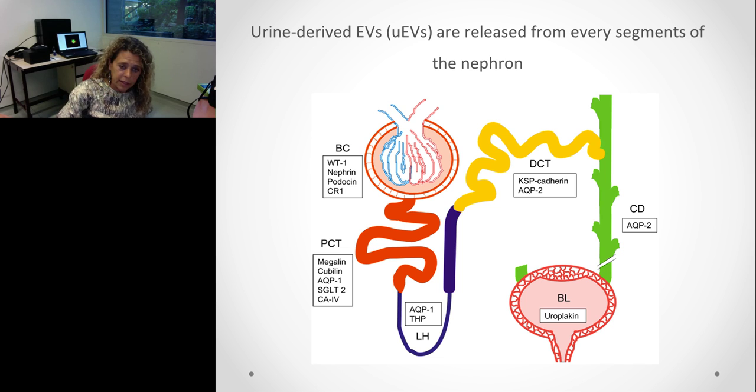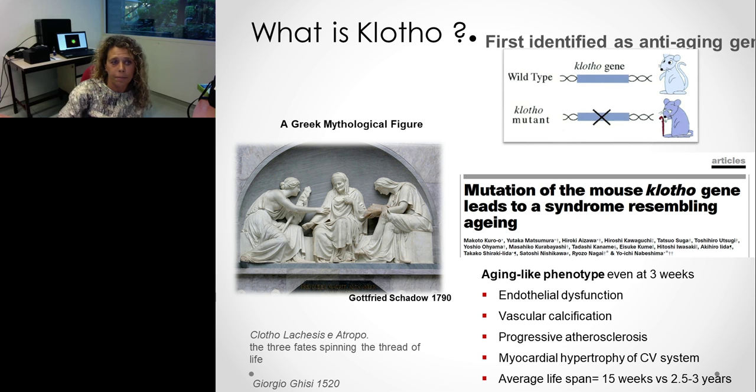So Klotho is very interesting, as I was telling you, as it's one of the main factors in our body which controls aging. Mice without Klotho really appear old, and they present the typical features of aging, like endothelial dysfunction, calcification, atherosclerosis, hypertrophy of the cardiovascular system.